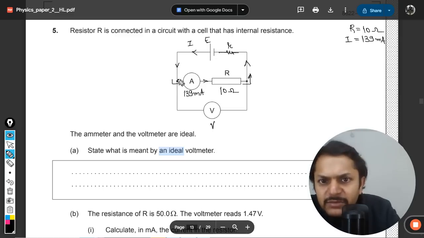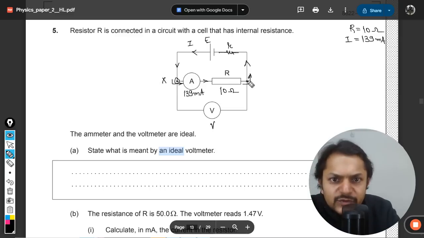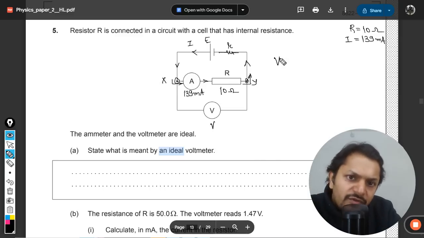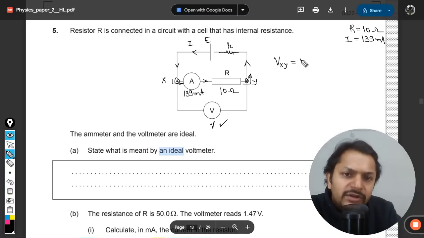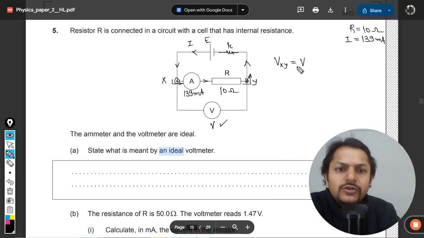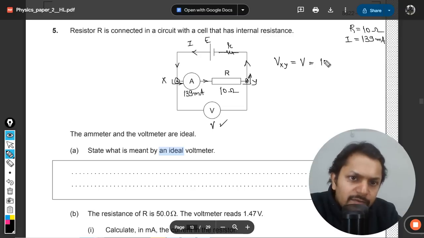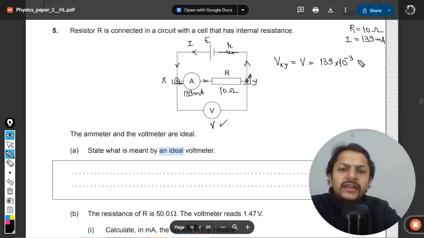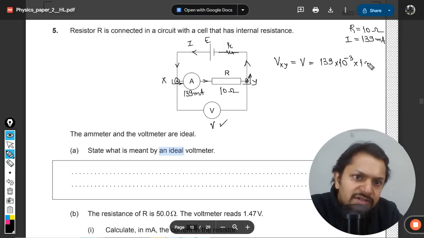It means that if I name this point as X and this point as Y, then the voltage difference across X, Y, that is given by the voltmeter reading V, will be equal to V = IR, 139 milli into the resistance which is 10.